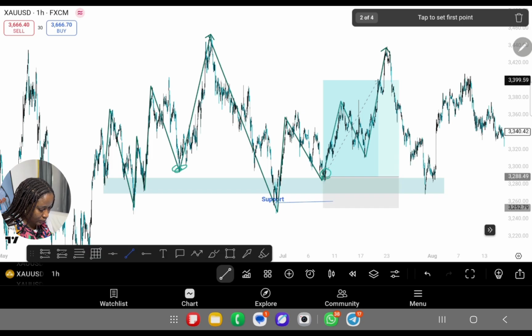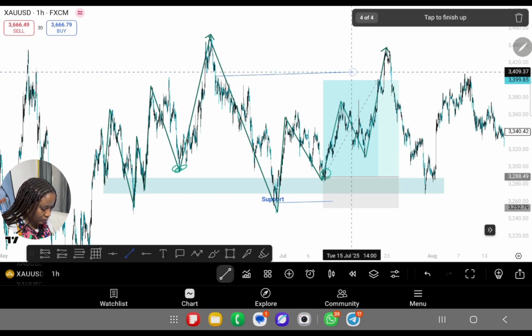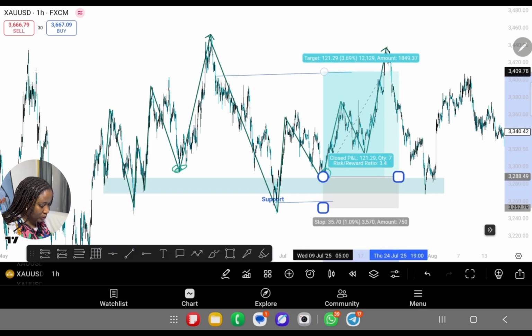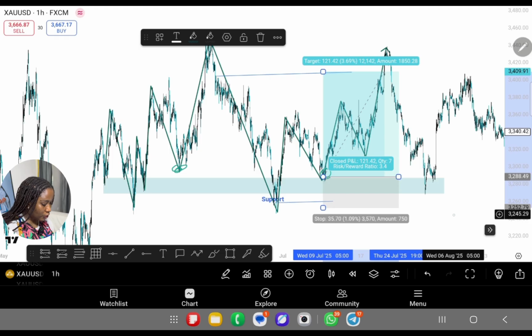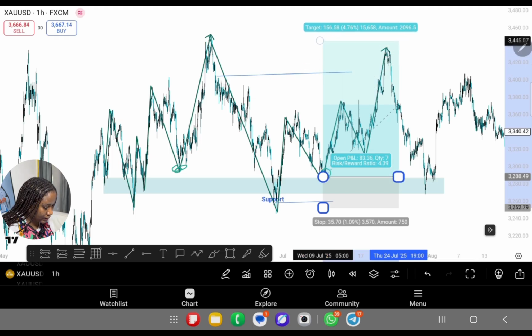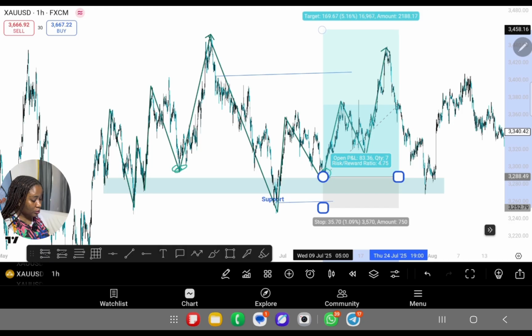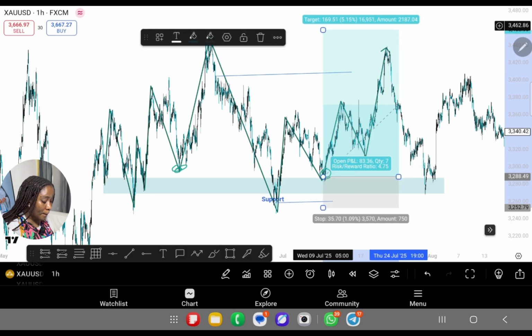We'll talk about those areas. Just target them, and then once it hits, you're out of the market. You can also target this, but you will definitely follow your market structure.